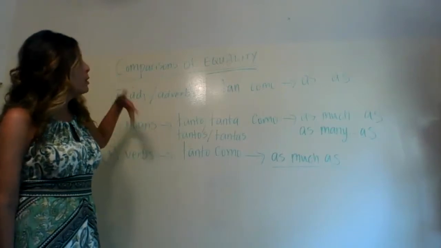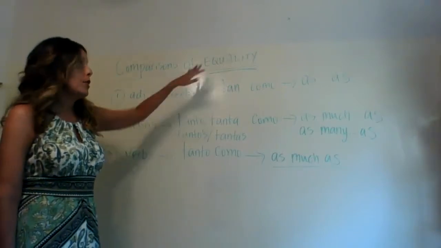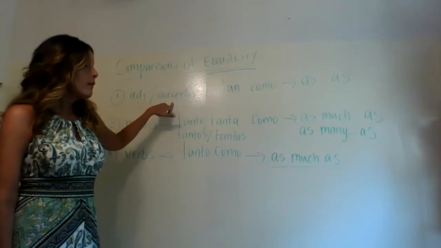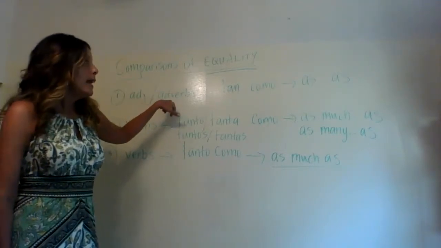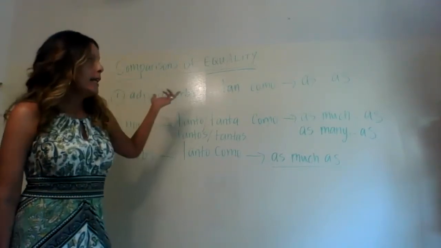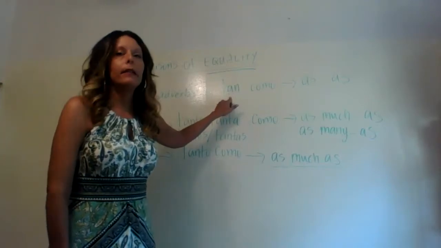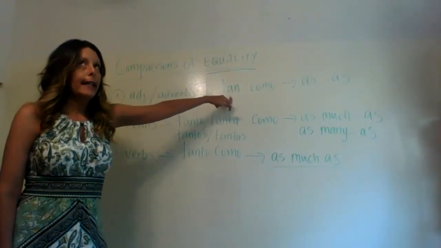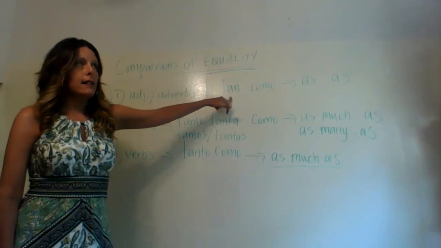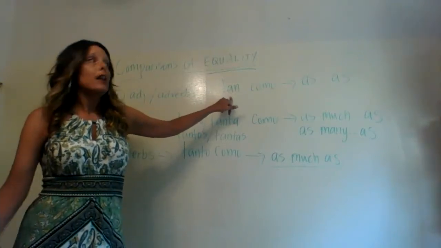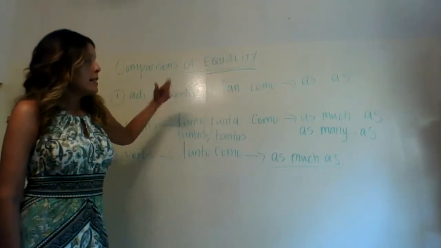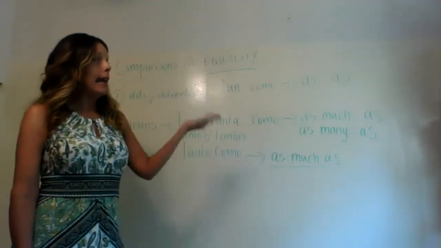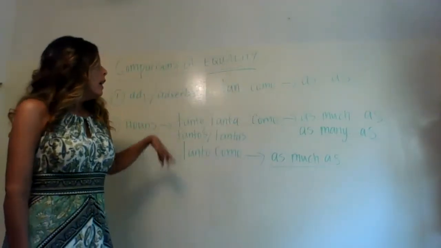So again, first way in which we use comparisons of equality with adjectives and adverbs. So an adjective might be, to use an example in our last set of sentences, intelligent. So somebody is as intelligent as somebody else.